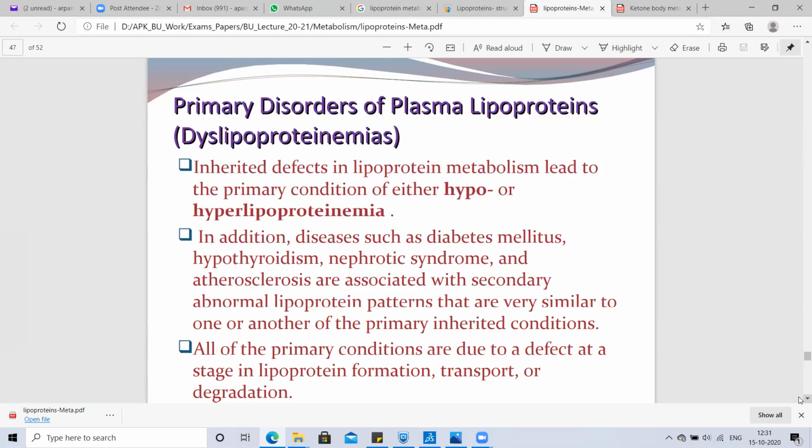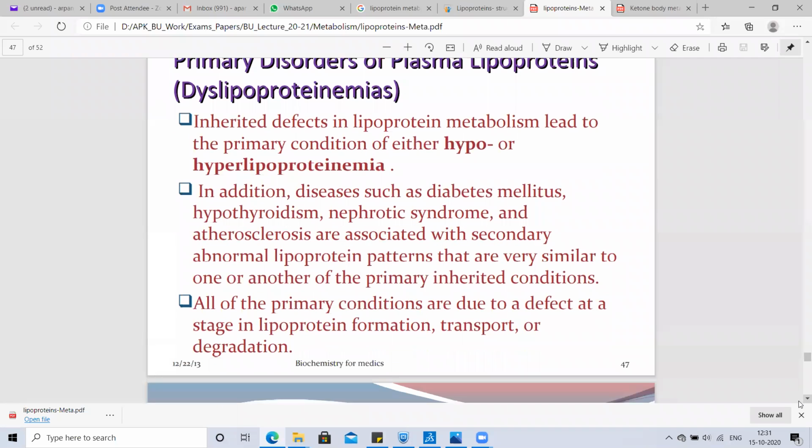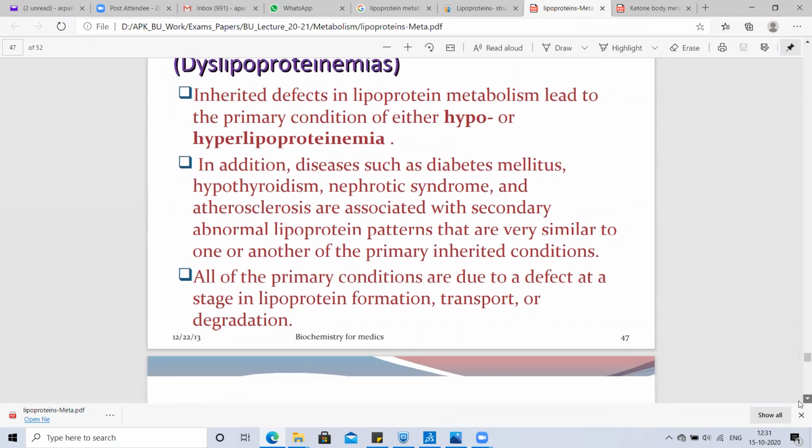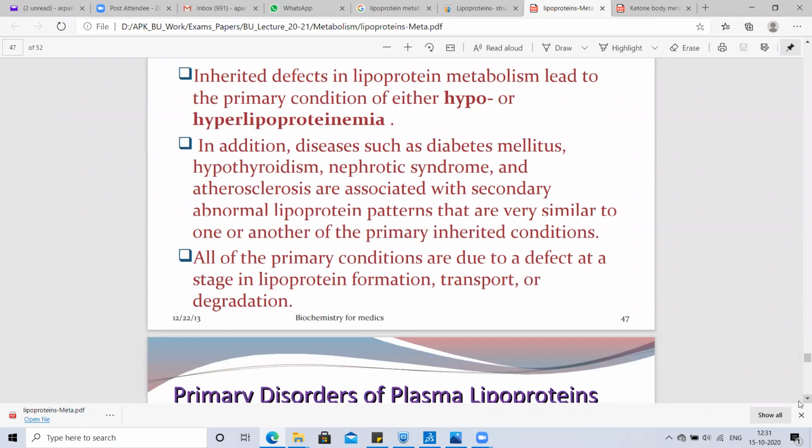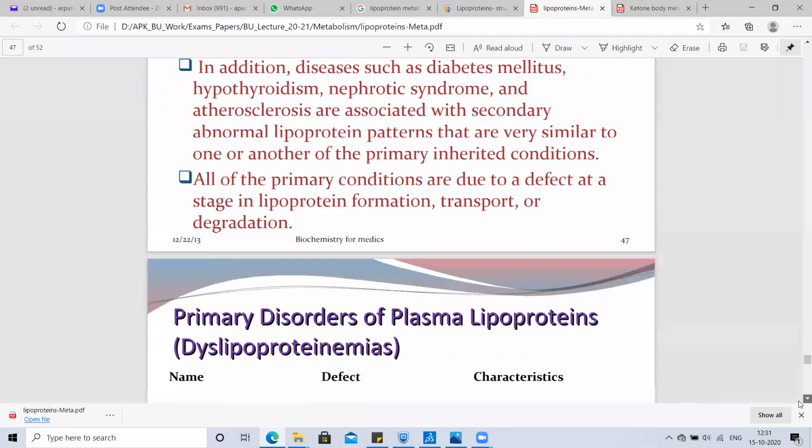In addition, certain other conditions like diabetes mellitus, hypothyroidism, nephrotic syndrome, and atherosclerosis are also associated with secondary abnormal lipoprotein patterns that are very similar to one or another of the primary inherited conditions. All of the primary conditions are due to a defect at a stage in lipoprotein formation, transport, or degradation.